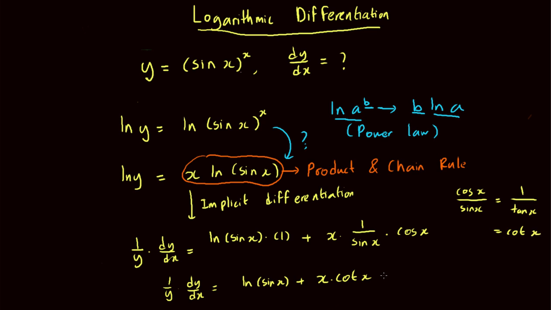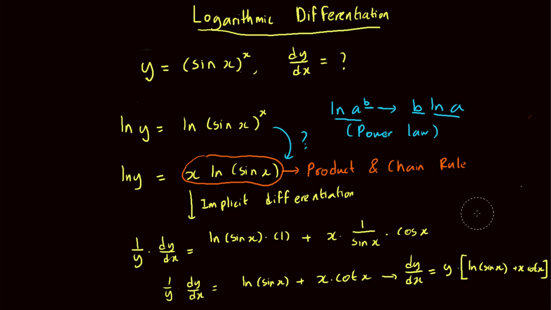So upon rearranging the equation, we'll end up having dy over dx is equal to y times this whole thing, right? So it'd be ln sine x plus x cot x. Let me just clear up some space right away.